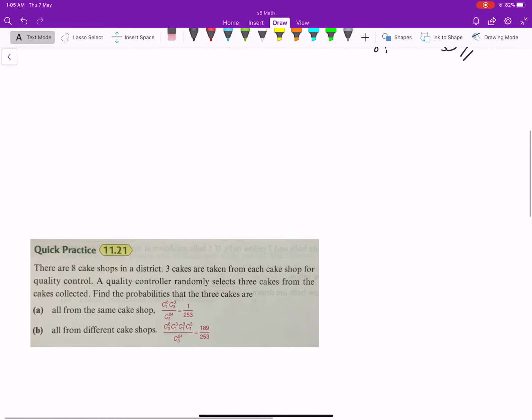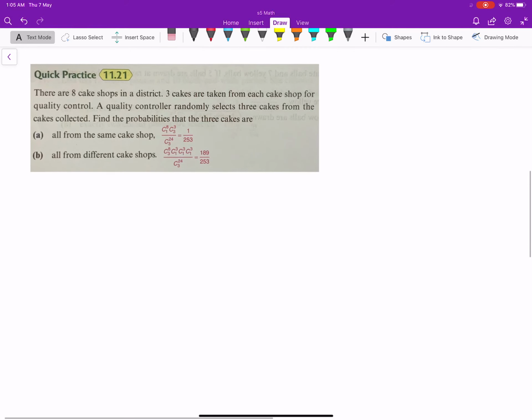Now we go to the last questions. There are 8 cake shops in a district. 3 cakes are taken from each cake shop for quality control. So how many cakes are taken? 24, right? A quality controller randomly selects 3 cakes from the cakes collected.